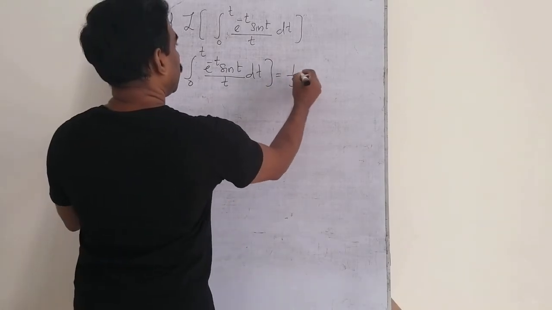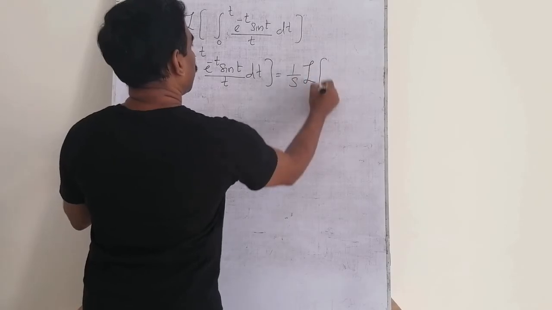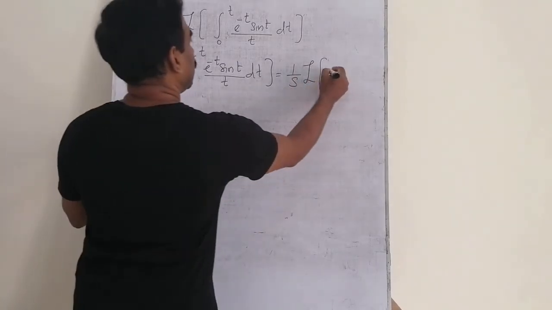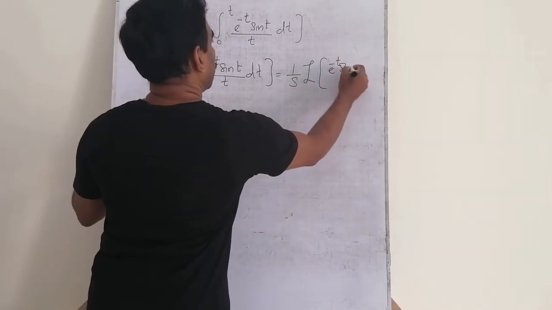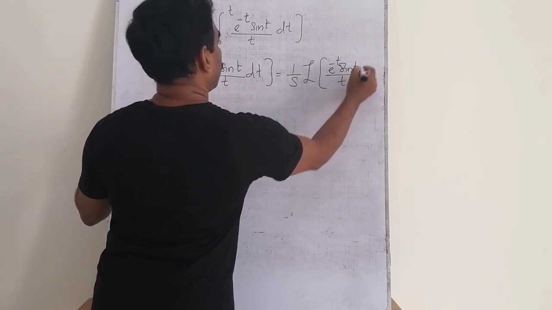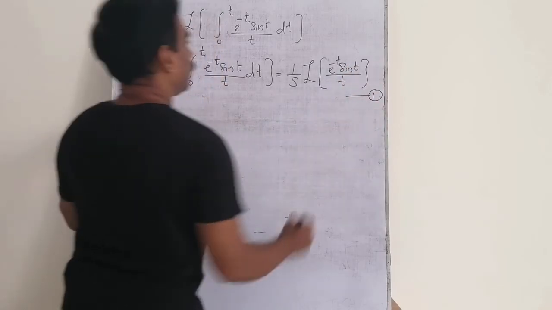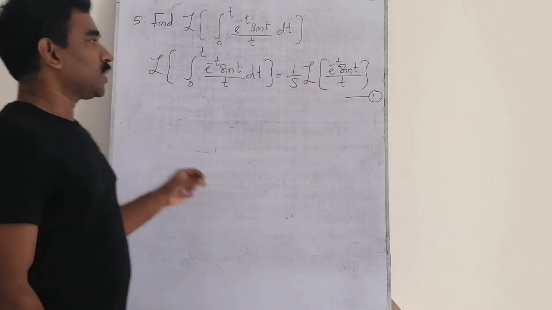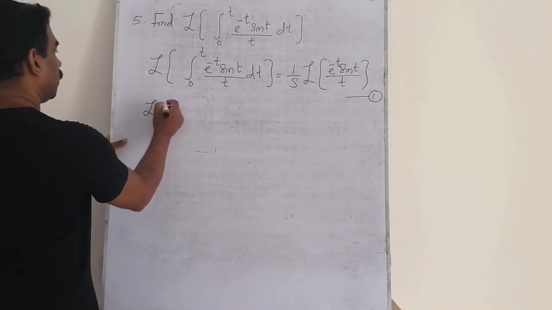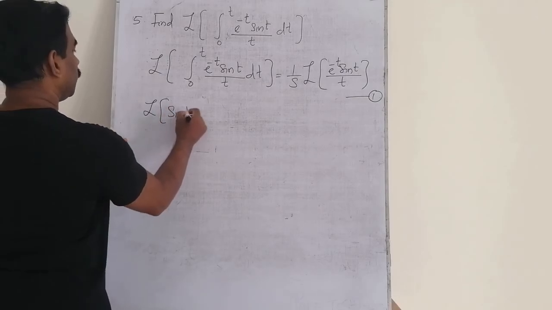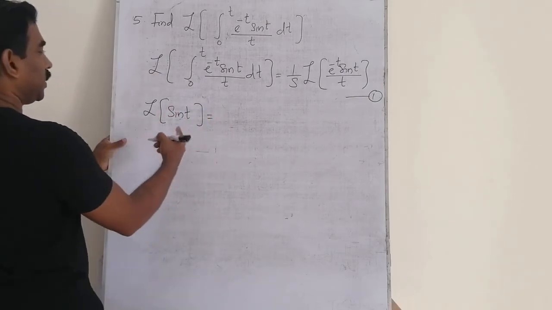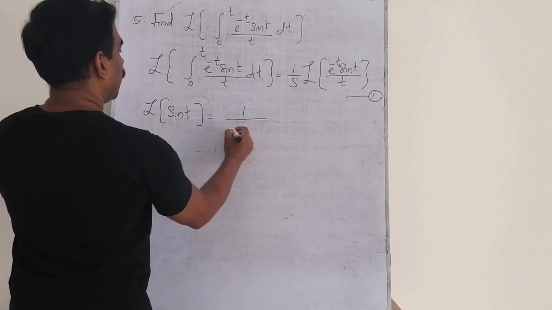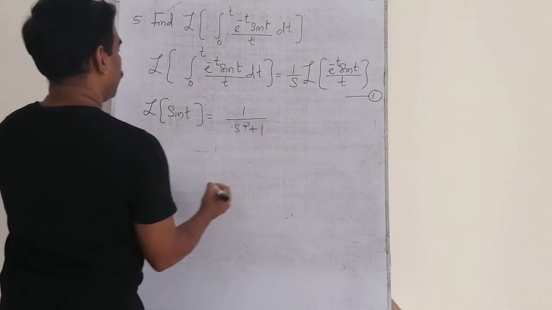Here the function is e raised to minus t sin t divided by t. So mark it as equation number 1. First of all, we will compute the transform of sin t. The transform of sin t, comparing with the standard result, is 1 by (s square plus 1).